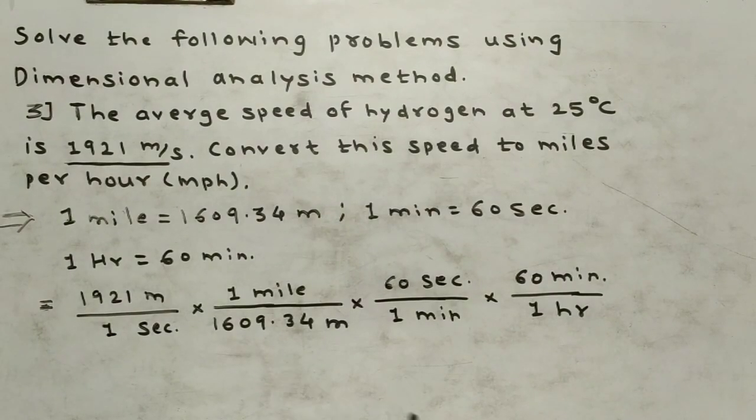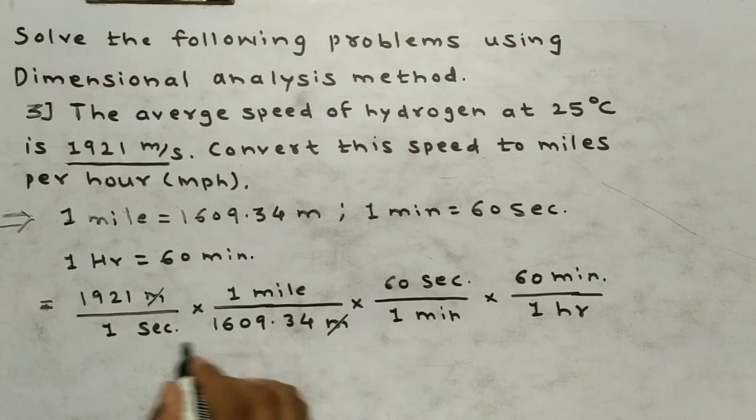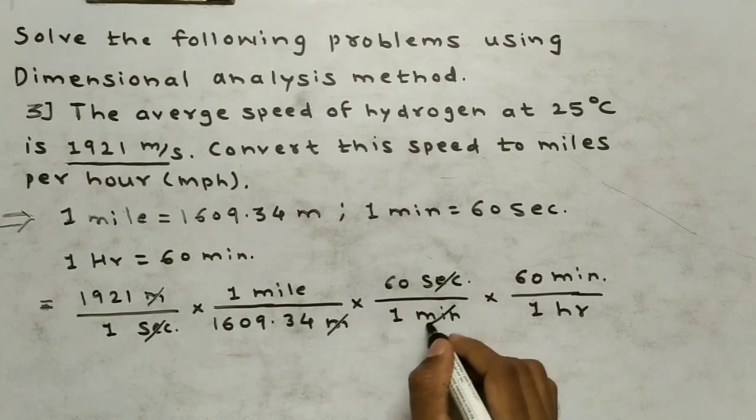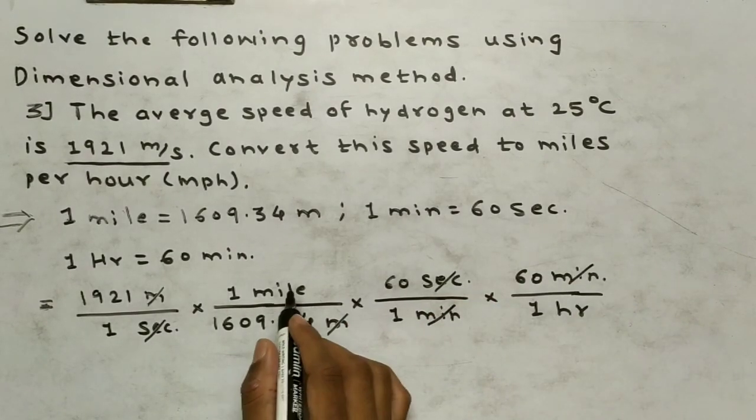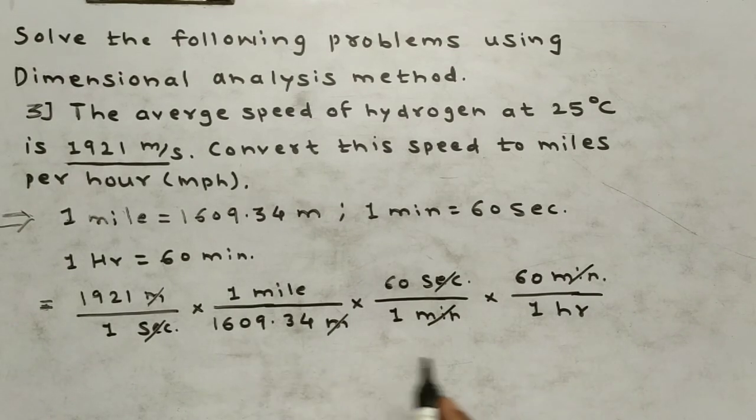Now let's cancel out the similar units. So meters, then seconds, minutes and minutes. In the numerator it is miles, and in the denominator it will be hour, so our unit will be miles per hour.